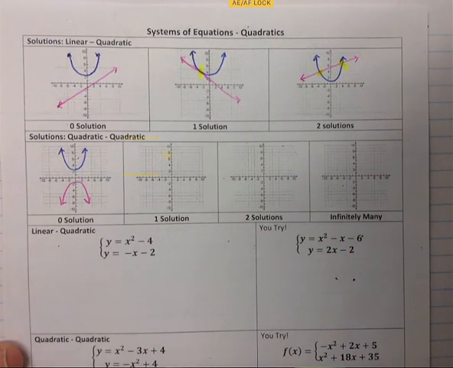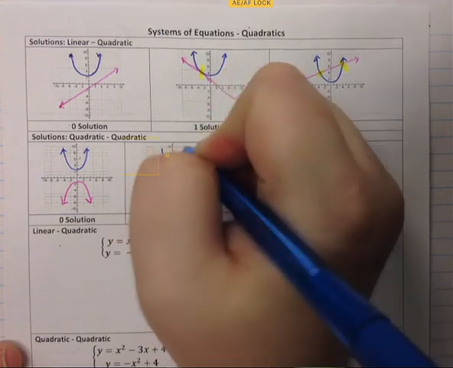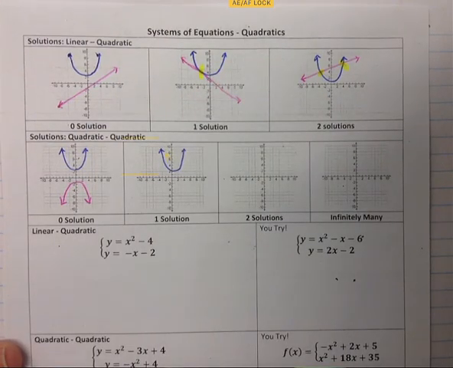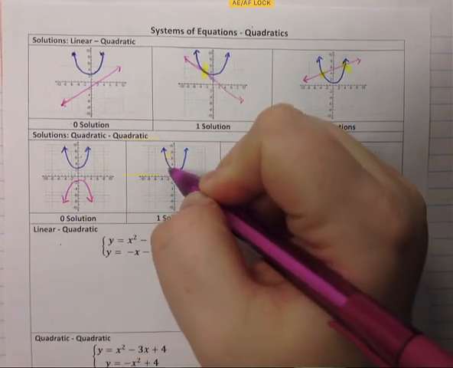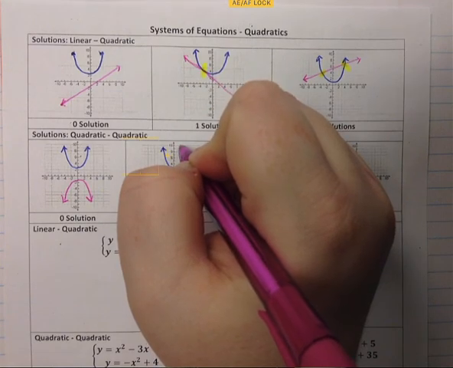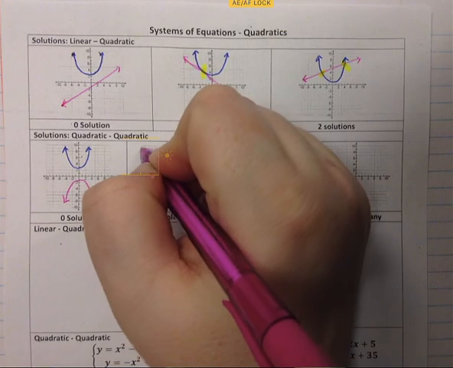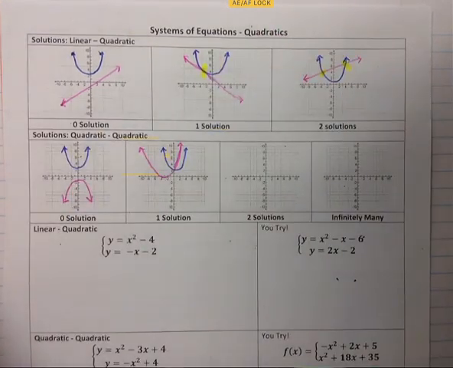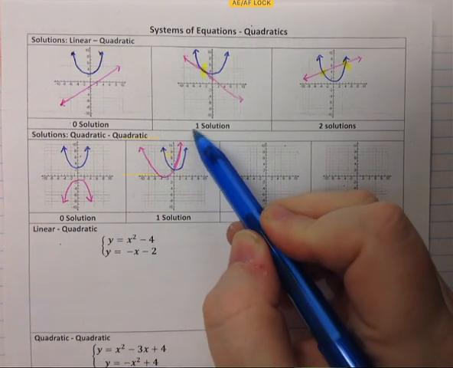But there is another way that parabolas could have just 1 solution. It's a little tricky. I'm going to draw my first parabola like this. My second parabola is going to go through the first parabola, but it'll cross just once, and it's because of how wide it is. This blue one will keep going up and to the right.